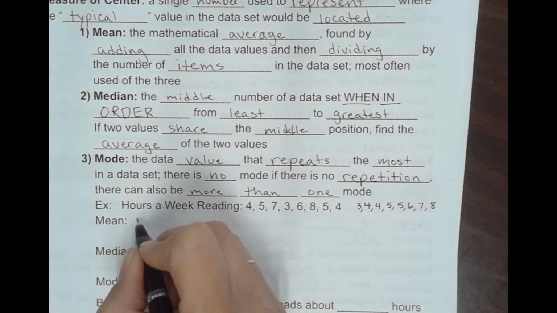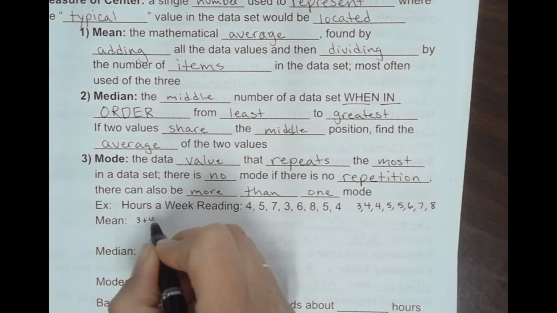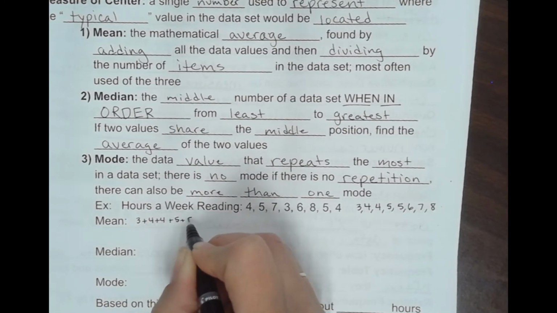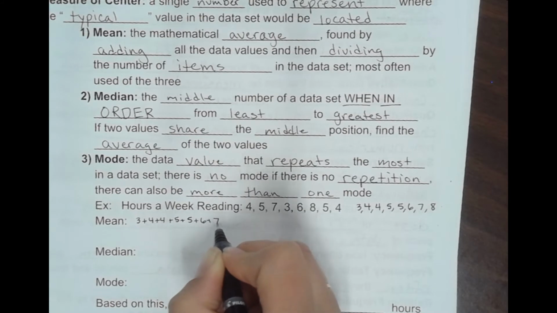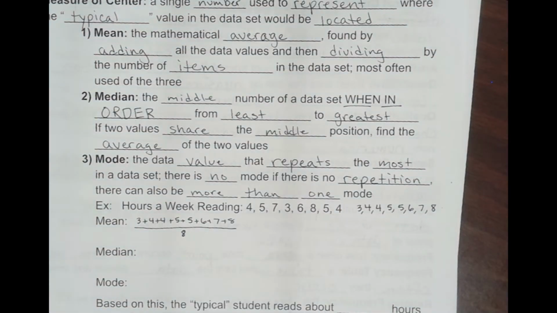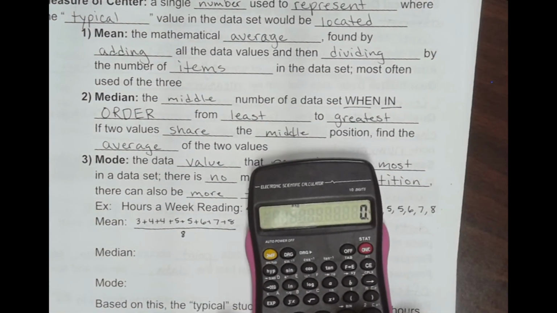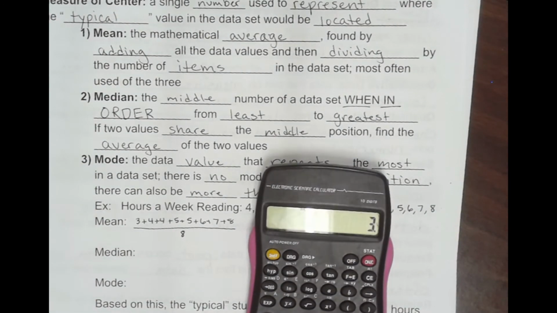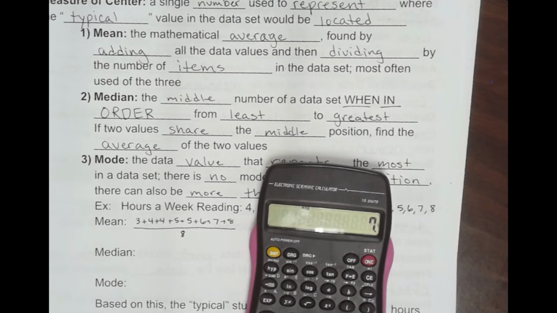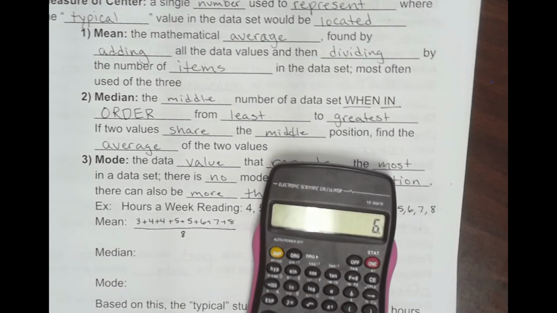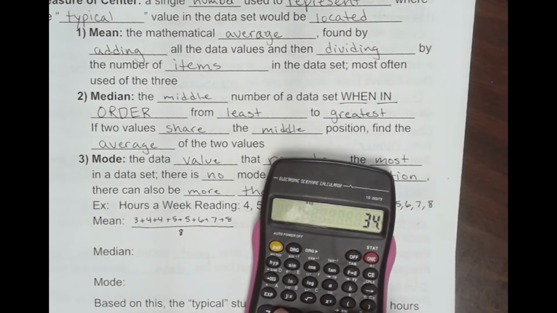So mean, we add them all up. So 3 plus 4 plus 4 plus 5 plus 5 plus 6 plus 7 plus 8. And then we're going to divide whatever we get from that by how many there are, and there are 8 in this group. We can go ahead and use our calculator. You could do this in your head as well, but the calculator is okay. So 3 plus 4 plus 4 plus 5 plus 5 plus 6 plus 7 plus 8.